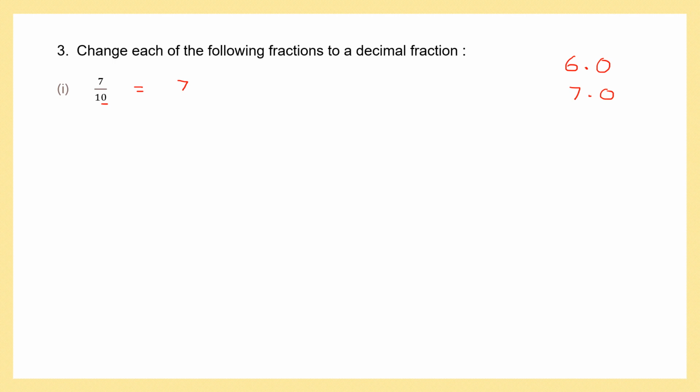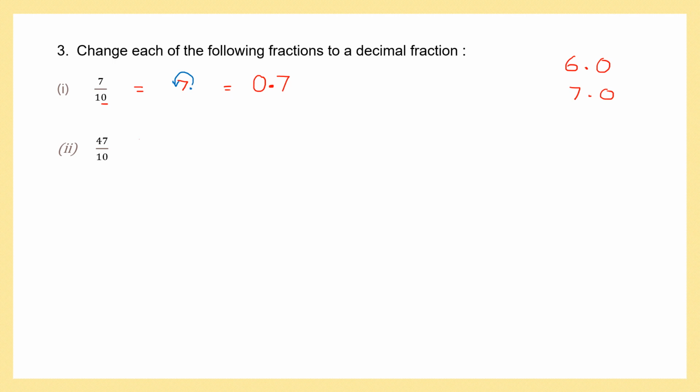So now I have written 7 as a whole number, and the point is understood to be after 7. The point is here. Now since 10 has 1 zero, the point will move one place to the left. So my final answer will be 0.7. And since I don't have any number before the point, I can write 0.7.